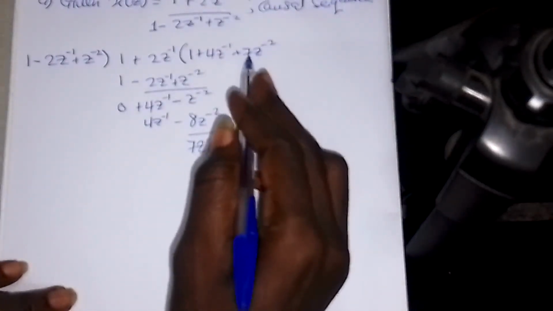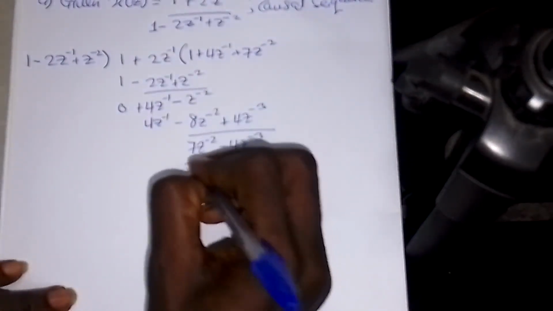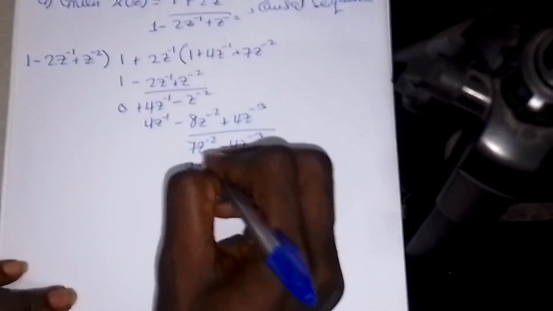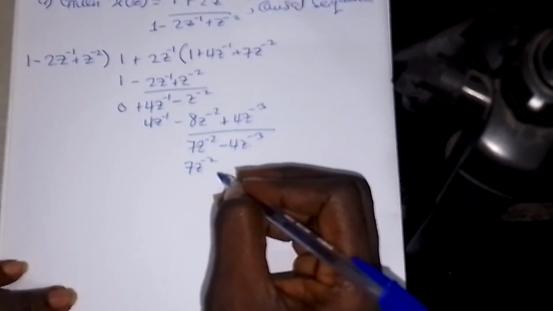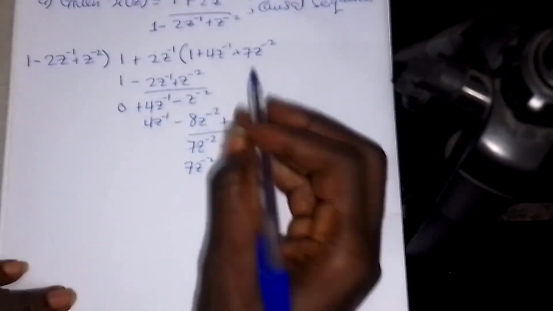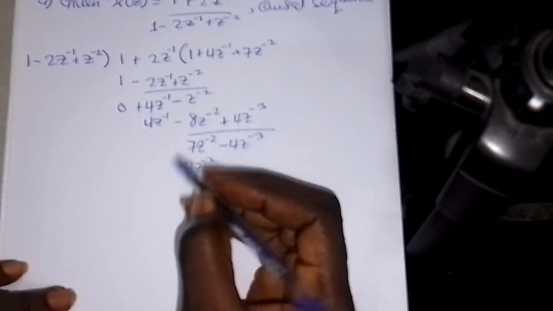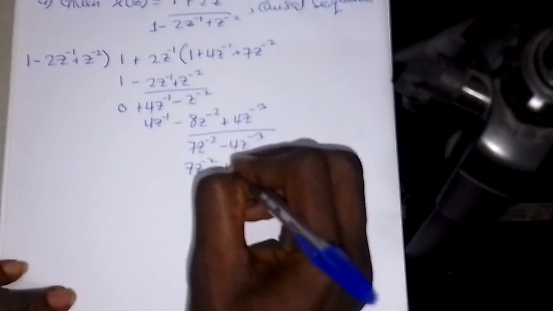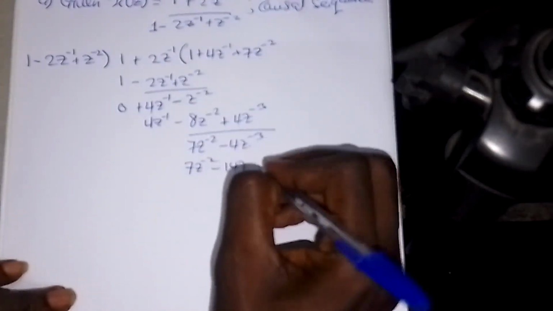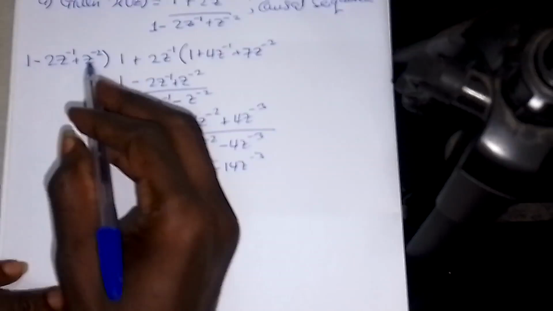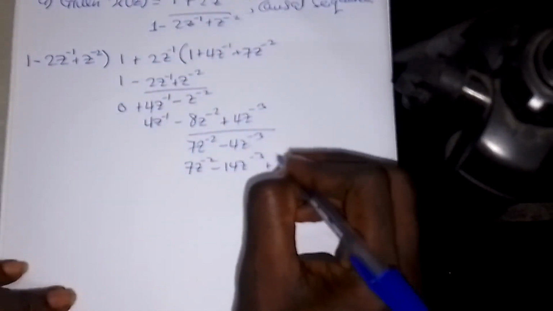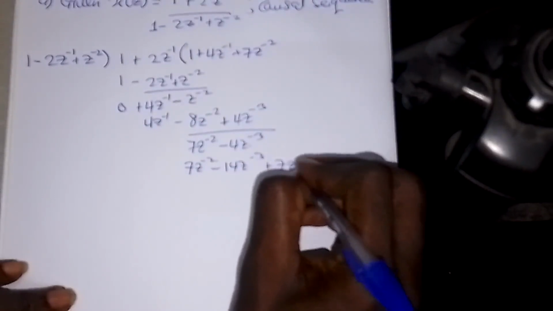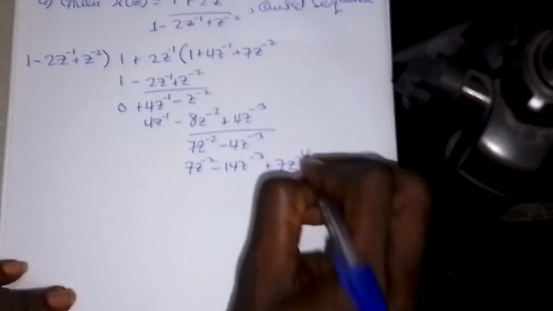Then if I multiply, I'll get 7z^-2, then minus 14z^-3, and then plus 7z^-4.